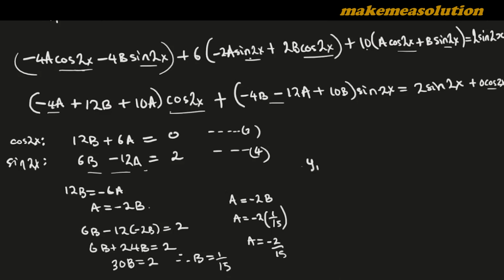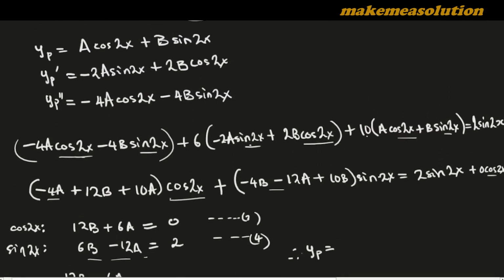Therefore our yp is now going to be, according to the equation, a cos 2x plus b sin 2x. Is that okay?